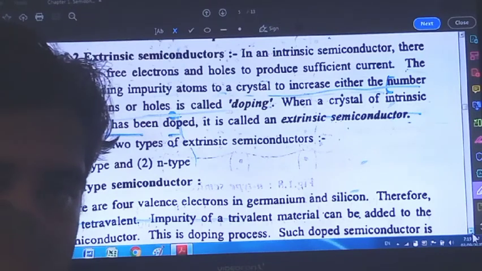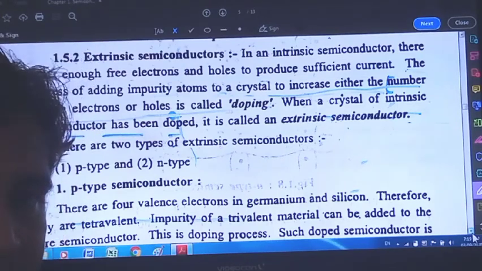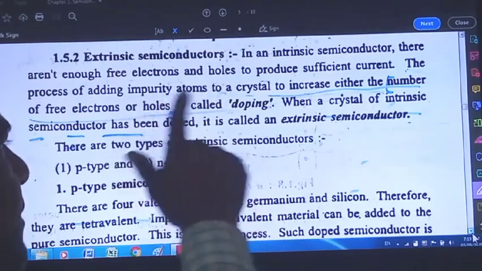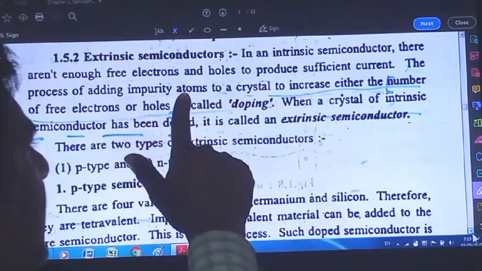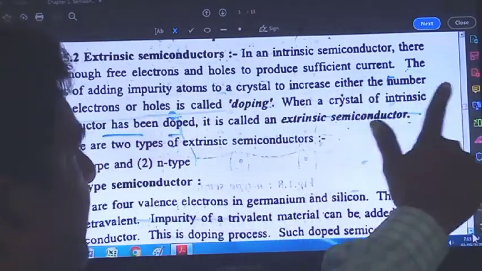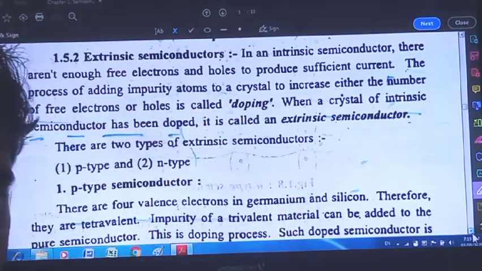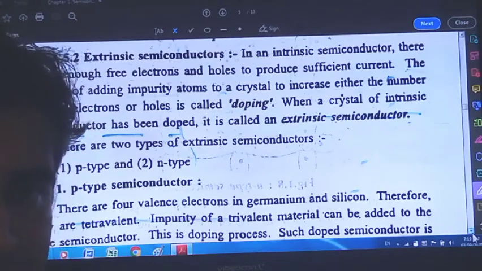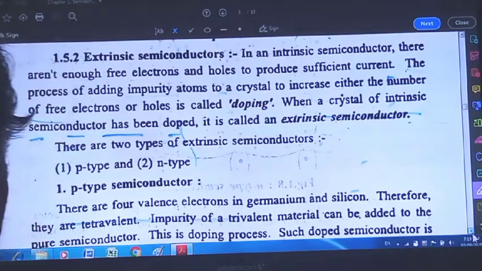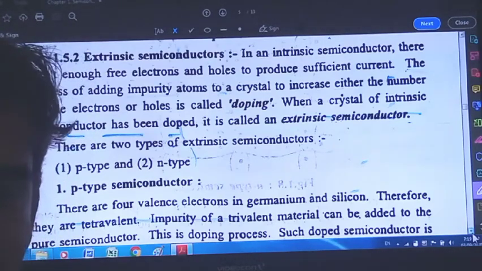But if you have to say it in brief, then the process of adding impurity atoms to the crystal, which increases either the number of free electrons or holes, is called doping. The number of holes and electrons is increased, and due to that, doping occurs.